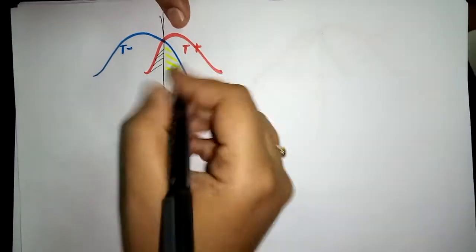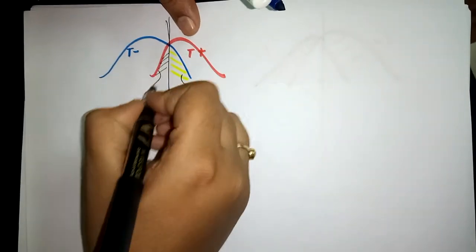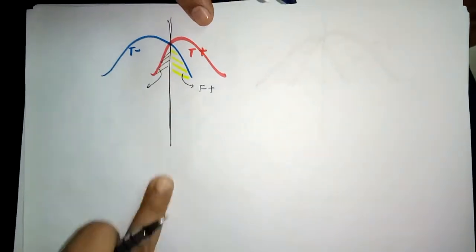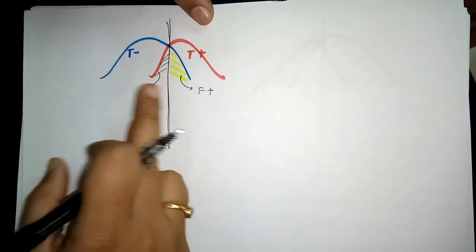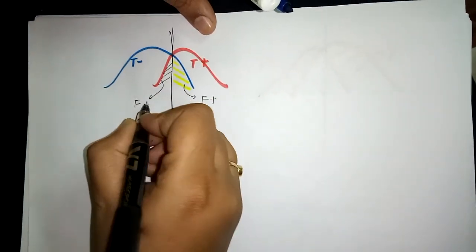So these are the people who should be negative but are coming positive, that is, false positive, and these are the people who should be positive, they're under the positive curve, but because they're showing a test value below this threshold value, they are false negative.